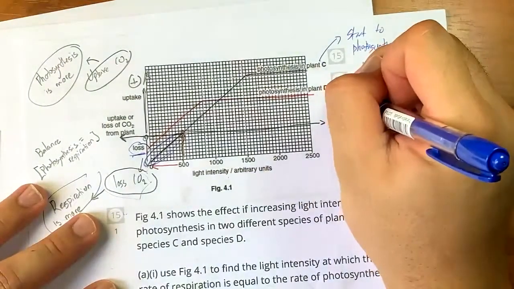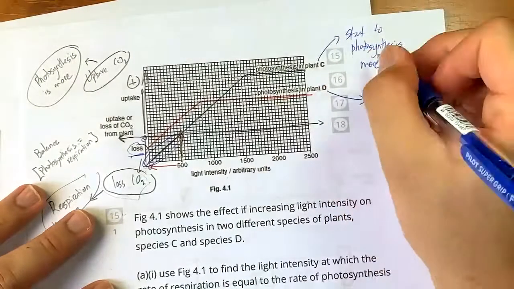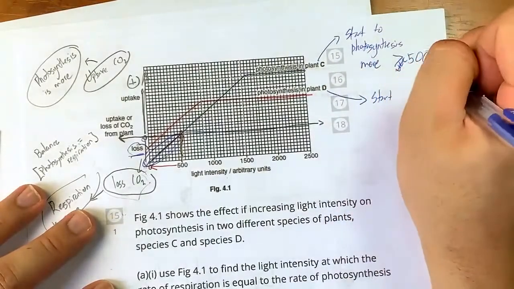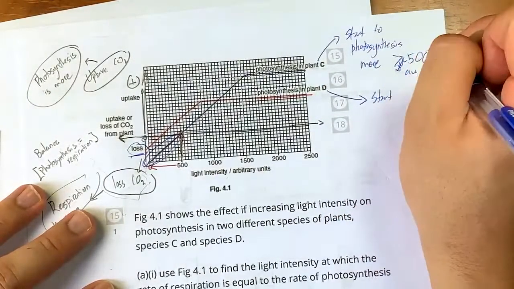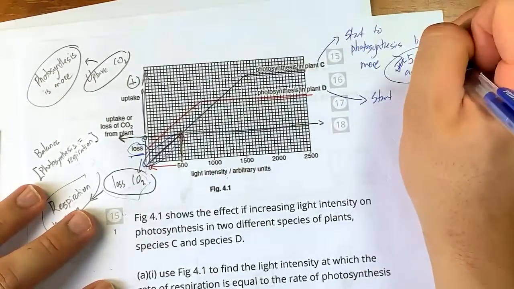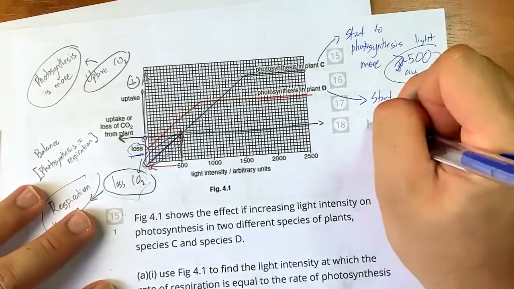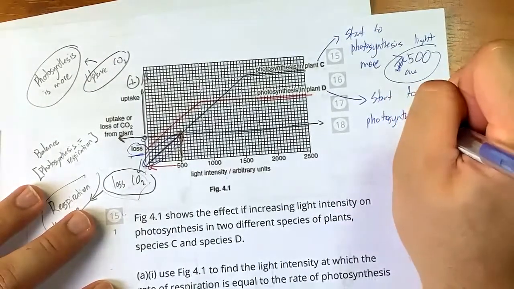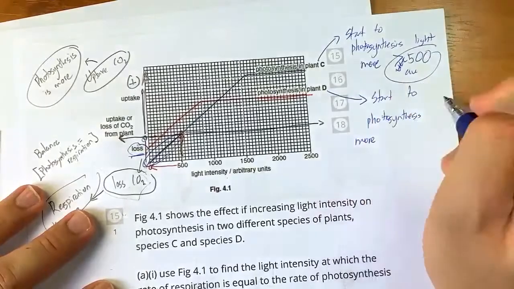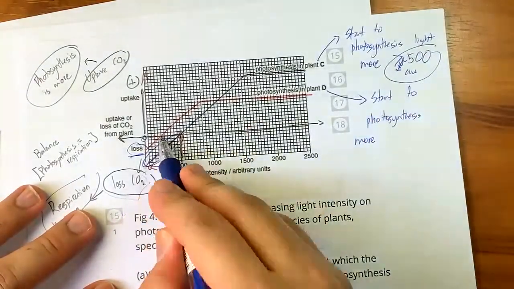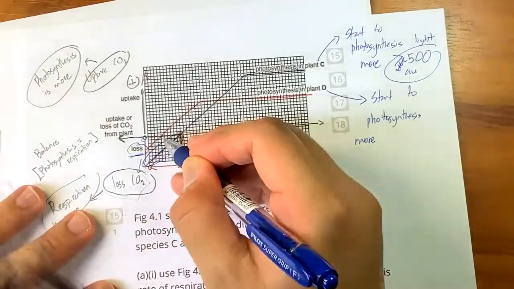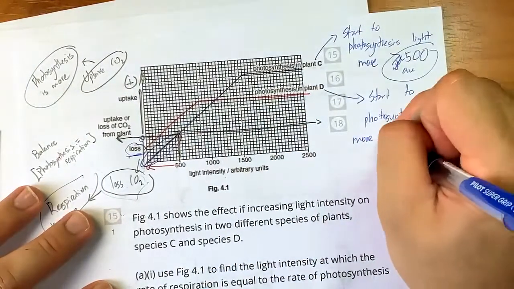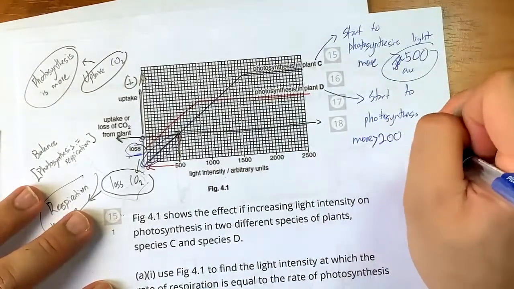But plant D starts to photosynthesize more at just more than 200 AU.